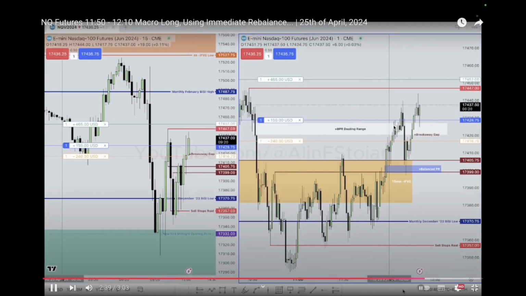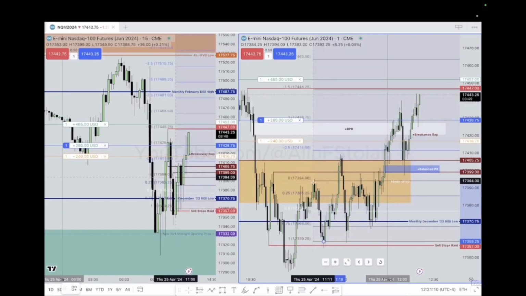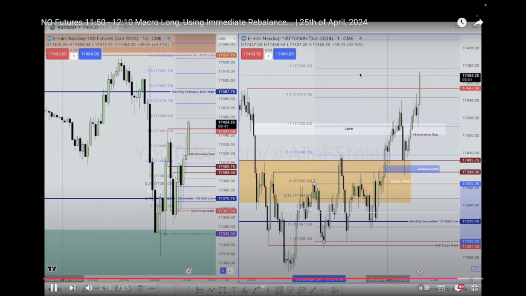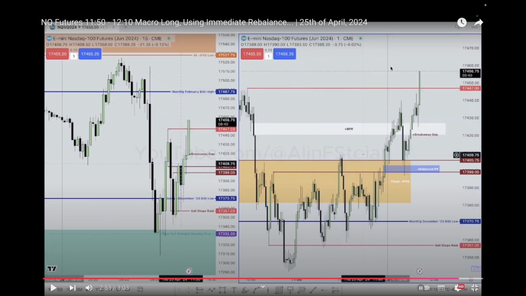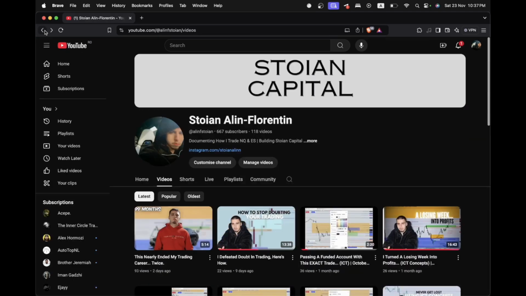Exactly what I said here, BPR dealing range for this one. What I'm doing here is I'm adding standard deviations, and my target was successfully met. So this is an example with the low-hanging fruit.